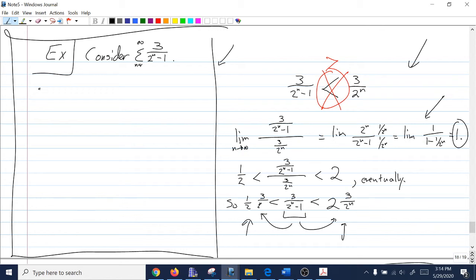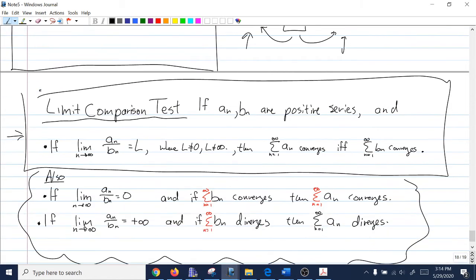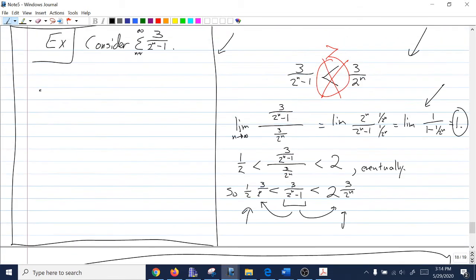Consider this series. Let's see, what do I need to conclude for the limit comparison test? I need to know that they are positive. And I'm comparing it with 3 over 2 to the n. I could compare it with 1 over 2 to the n, actually is even easier. It'll change the limit from being 1 to being 1/3 or whatever. I want to write out the computation of the limit.